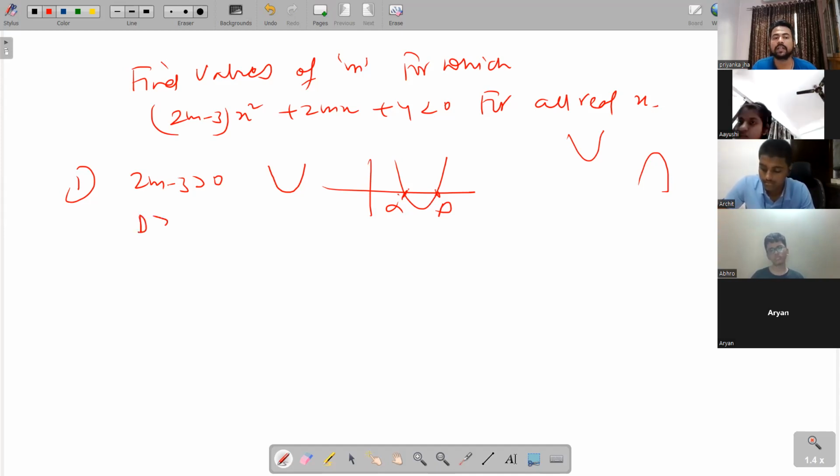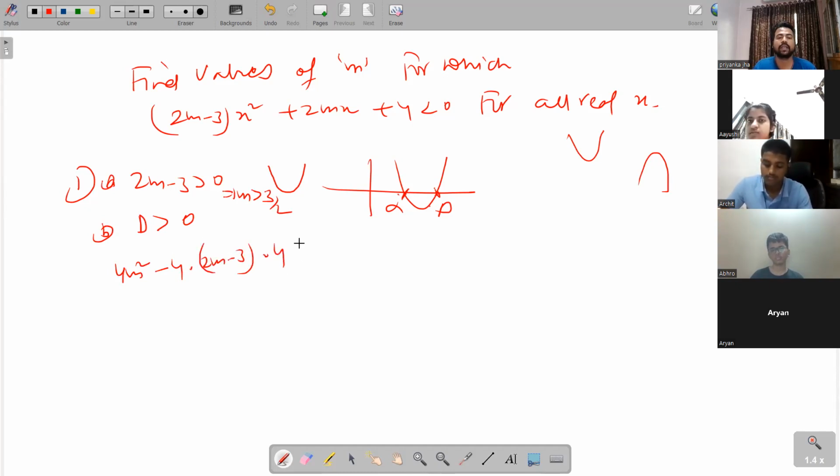So the discriminant has to be greater than 0. Then only between the roots will the graph lie below the x-axis. So this is the first condition, this is the second condition. From the first condition, we can find m is more than 3 by 2. And from the second condition, b square minus 4ac is positive. So 4 gone, m square minus 8m plus 12.